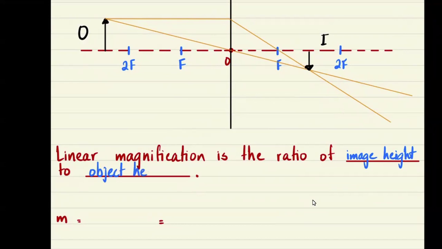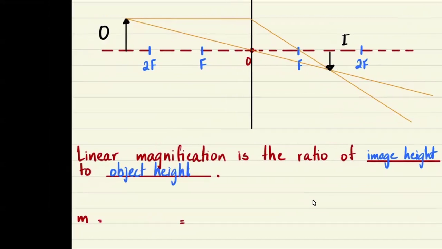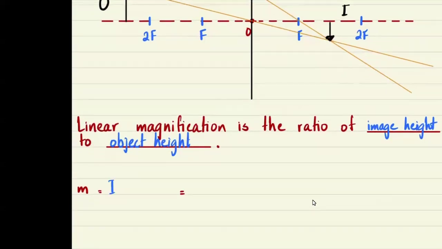Instead of height, you can also say size, and that's perfectly fine. So for example, in this case, this length divided by this length, right? So image size divided by object size.